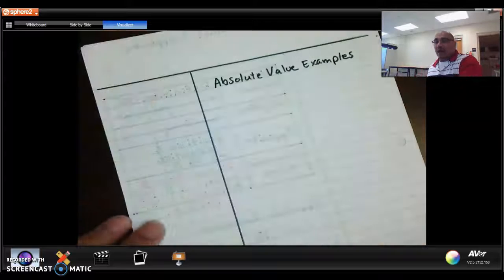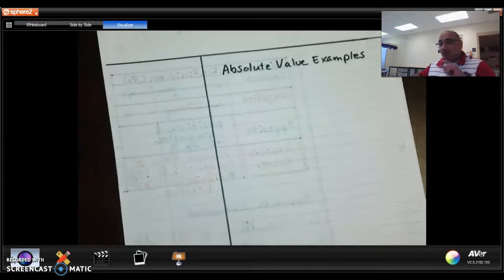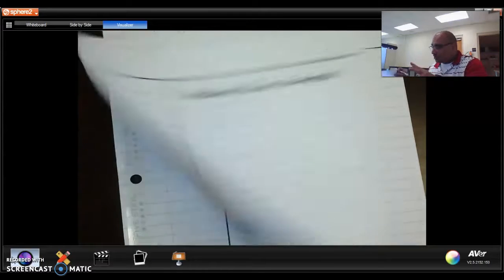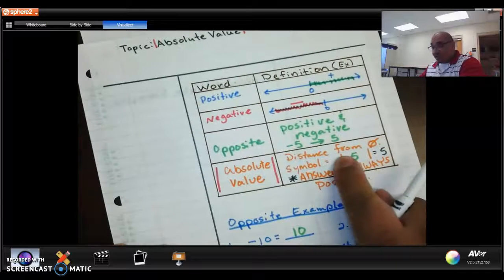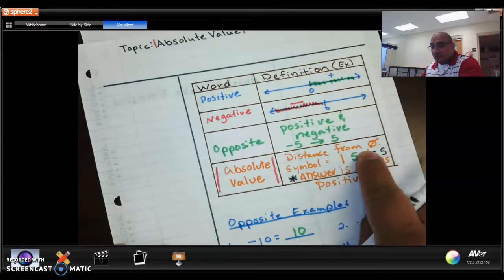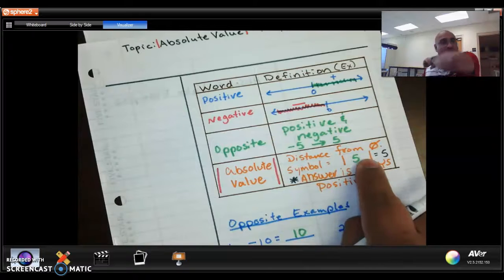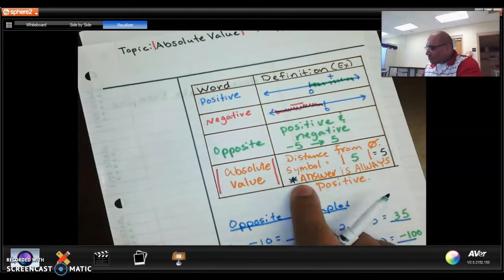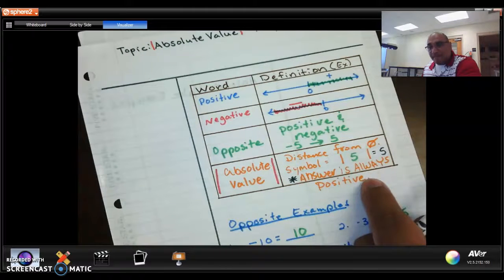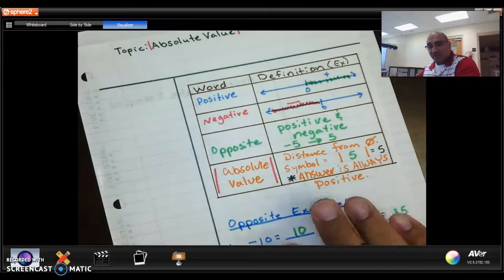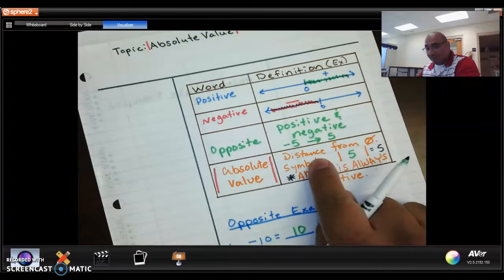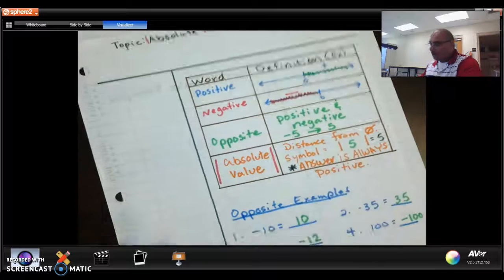And if you remember, absolute value, those 3 rules, it's going to be the distance from 0. The symbol is going to be represented with these 2 lines. And your answer is always going to be positive, no matter what, always positive. But again, remember, the distance from 0.